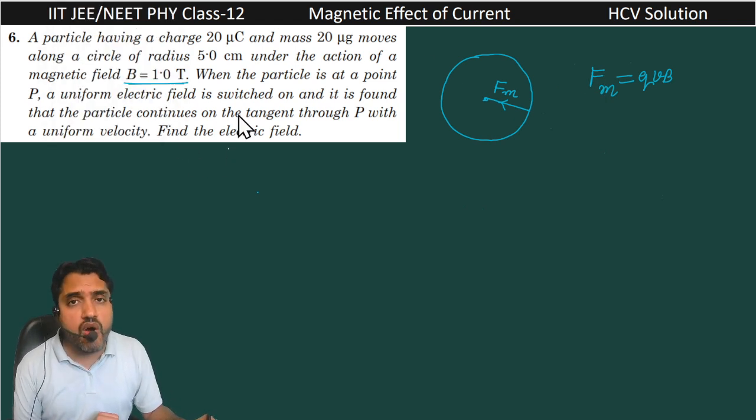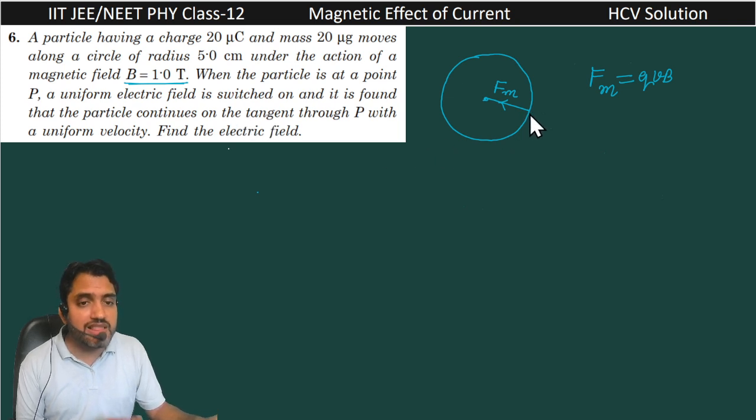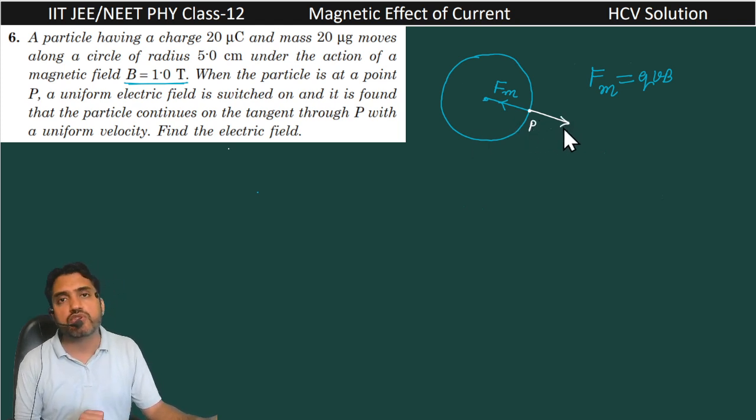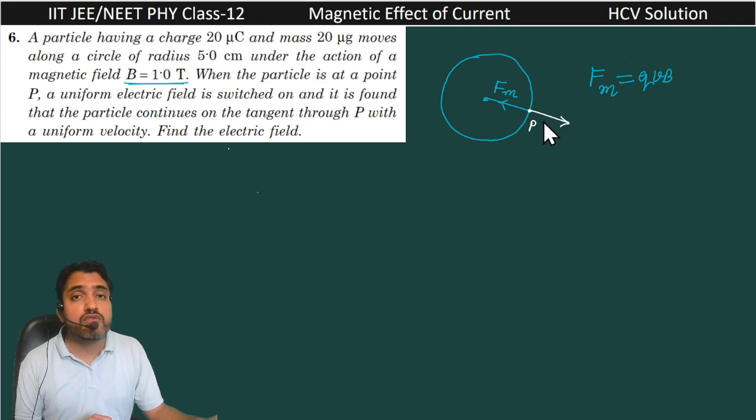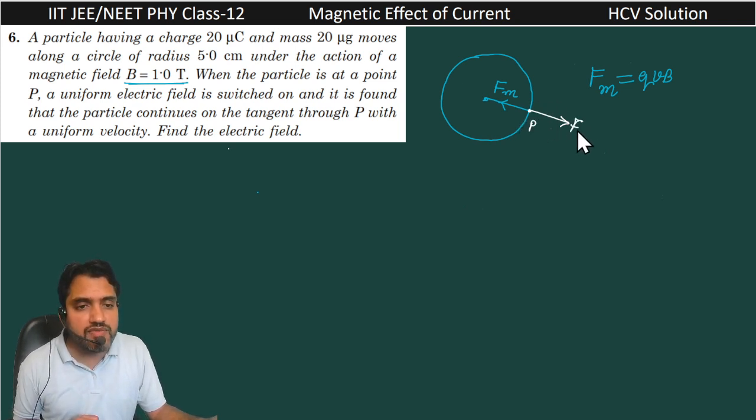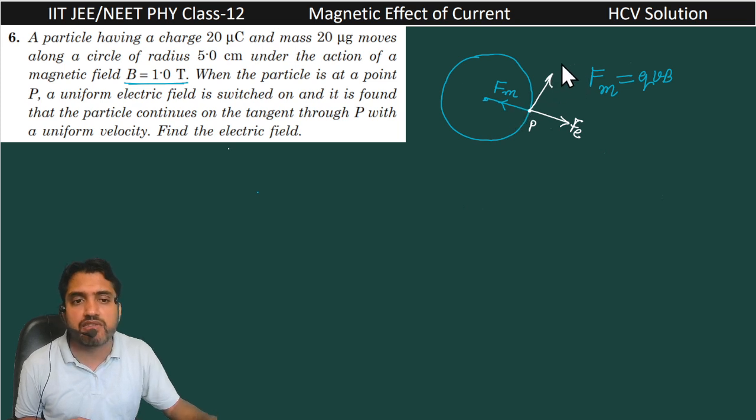Now if we are switching on the electric field, in this special case, the electric force, that is Fe, is exactly opposite to the magnetic force Fm at this point P. That's why this charged particle will now experience no net force, and it will move uniformly on the tangential path with velocity v.